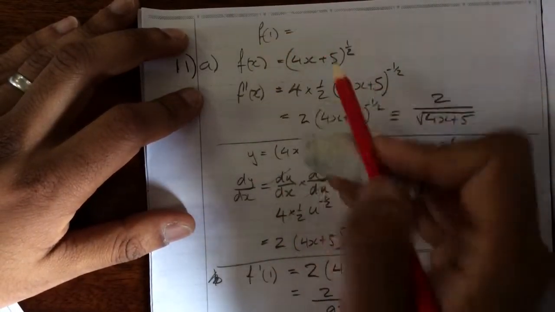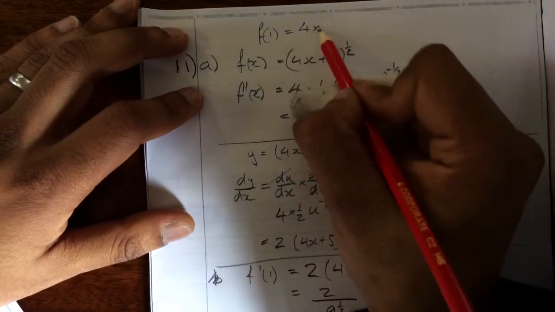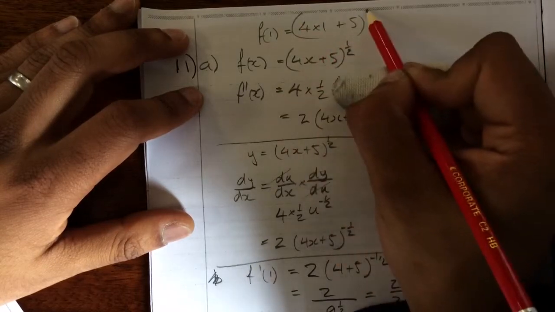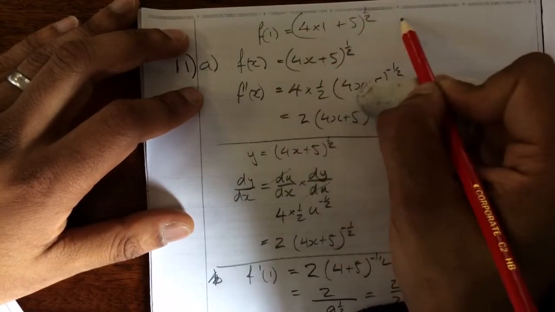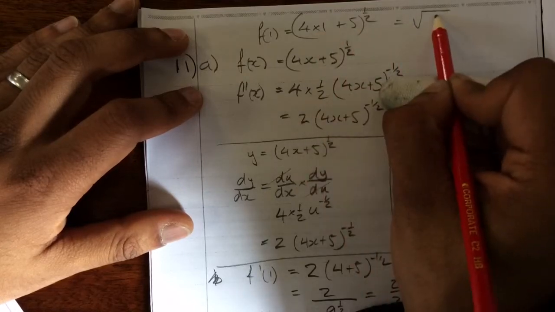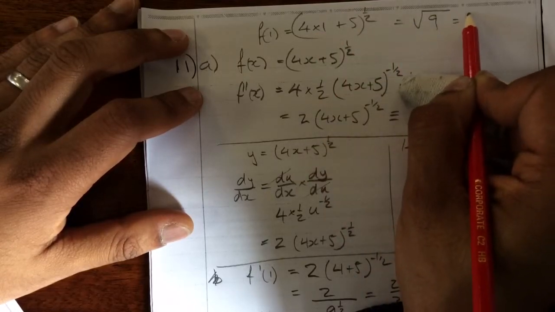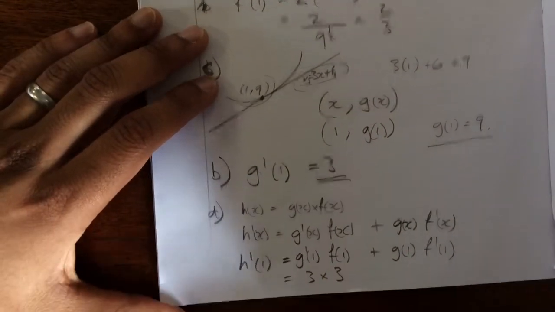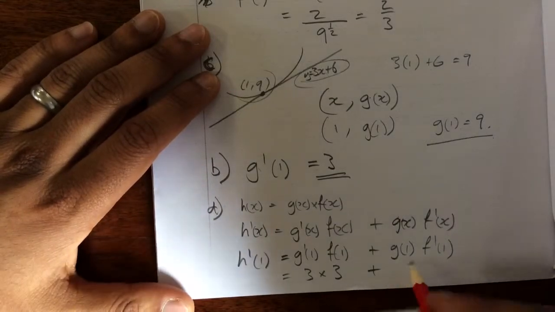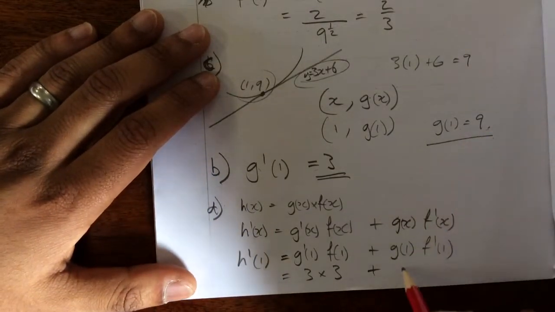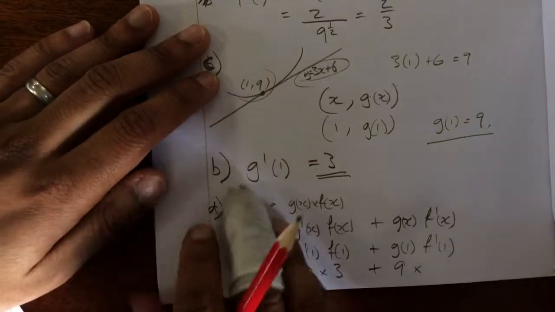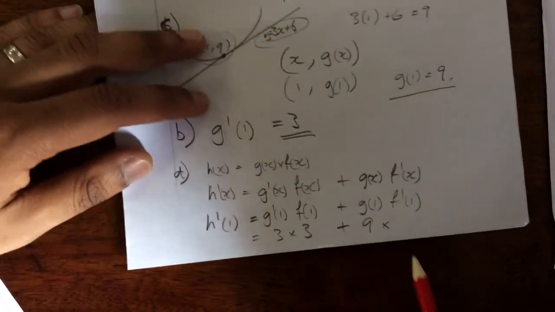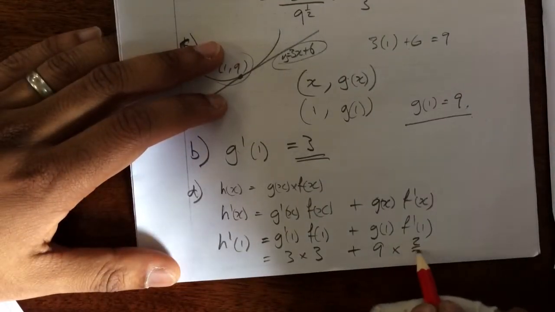f of 1 equals 4 times 1 plus 5 to the power of a half. So that's the square root of 9, which equals 3. Okay, so f of 1 is 3, and then g of 1 is 9, times f prime of 1. f prime of 1 we worked out is 2 over 3.